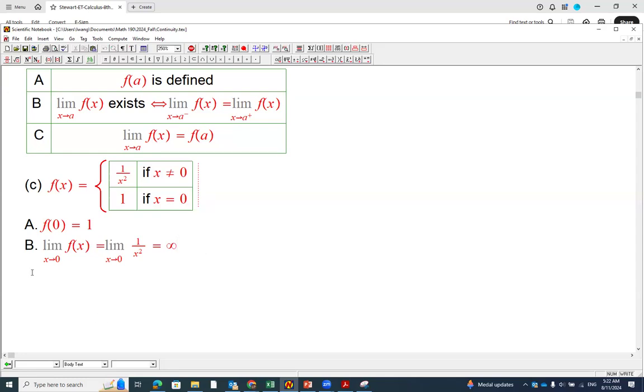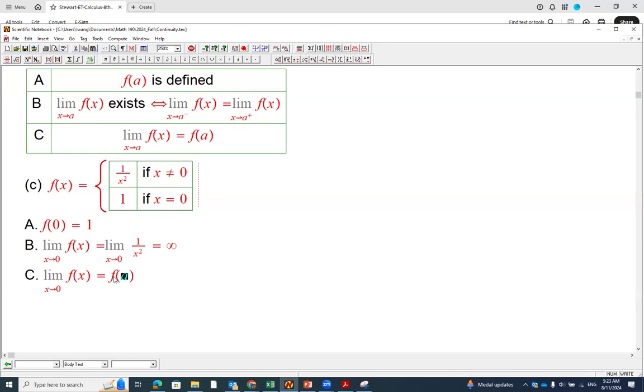So when we do C, obviously they're not the same. If your function is defined, it's equal to a finite number. It's not going to equal infinity.